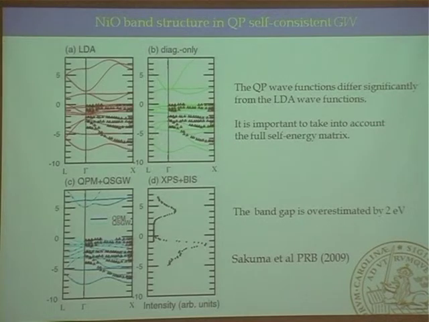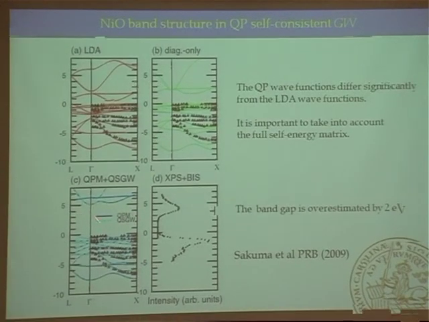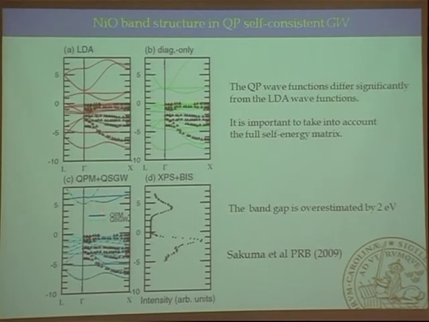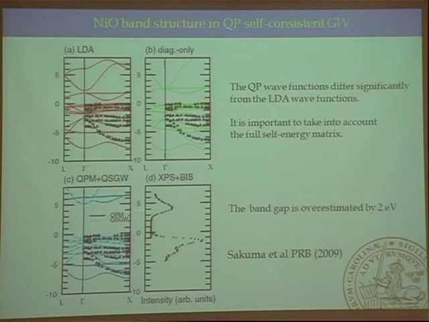But anyway, you can do calculations with this method. If you do these self-consistent calculations, the band gap opens up, although it turns out to be somewhat too large. The experimental band gap is about 4 eV, and here we find something more like 6 eV.